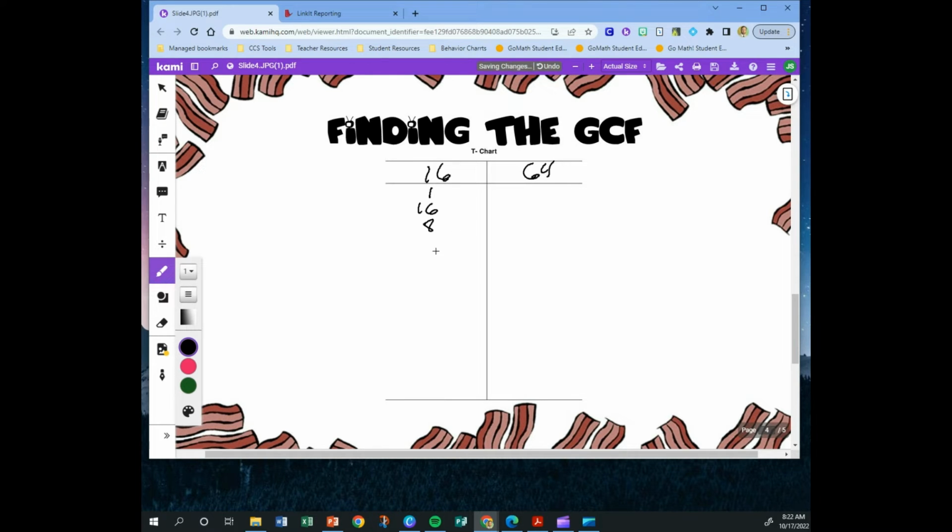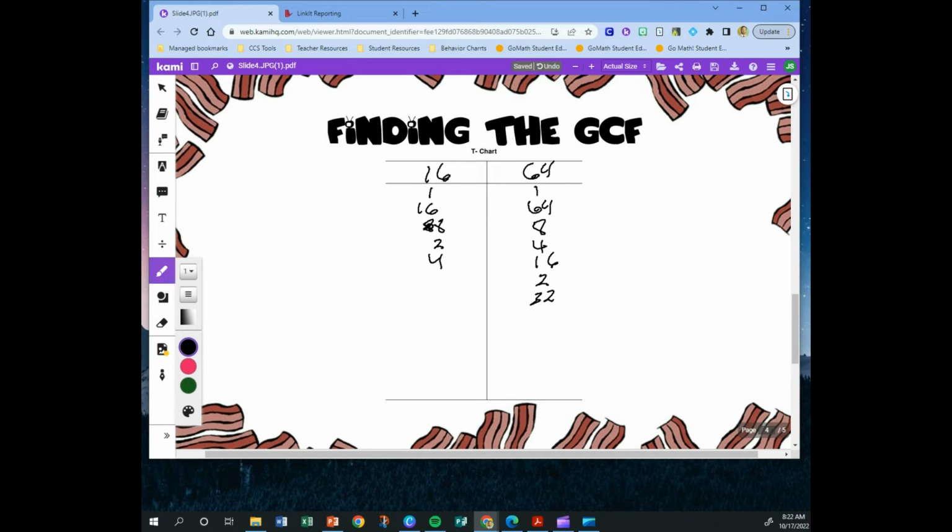There's 8 and 2, and 4 and 4. This one, 64, has 8 and 8. It also has 4 and 16. It has 2 and 32.